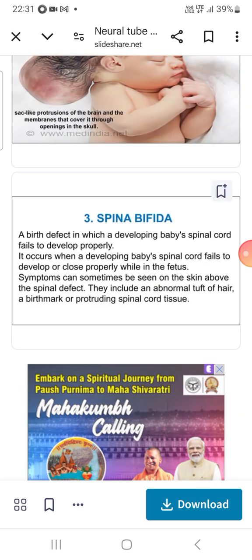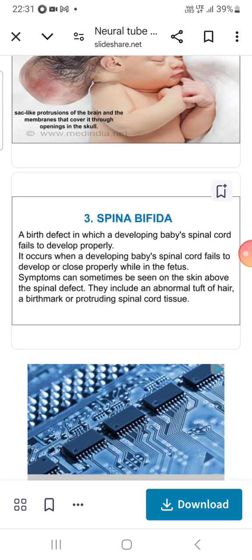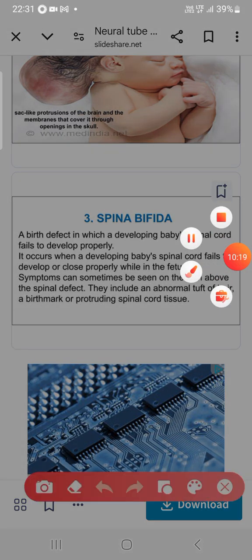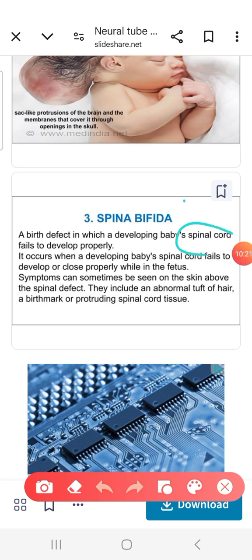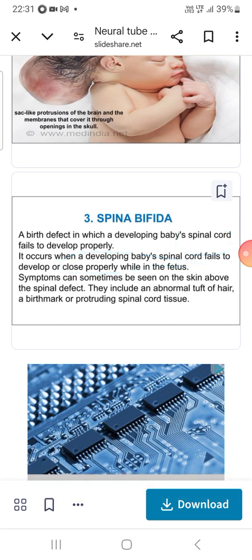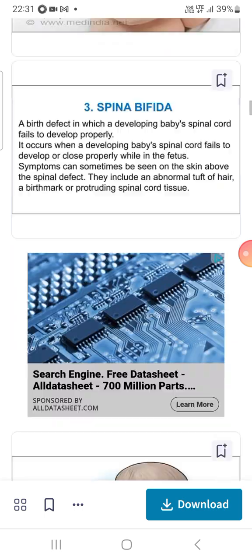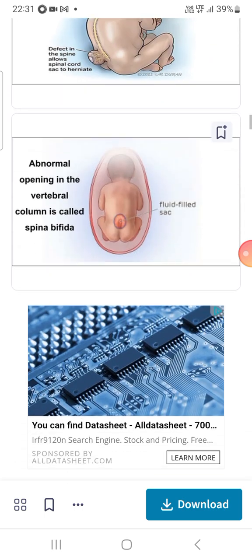Just check this point: at birth, the developing baby's spinal cord fails to develop properly. It is mentioned that the spinal cord is not well developed, and it occurs when the developing baby's spinal cord fails to develop and close properly in the fetus. These are the problems that occur due to spina bifida. This is about the neural tube defects, a total of three types.